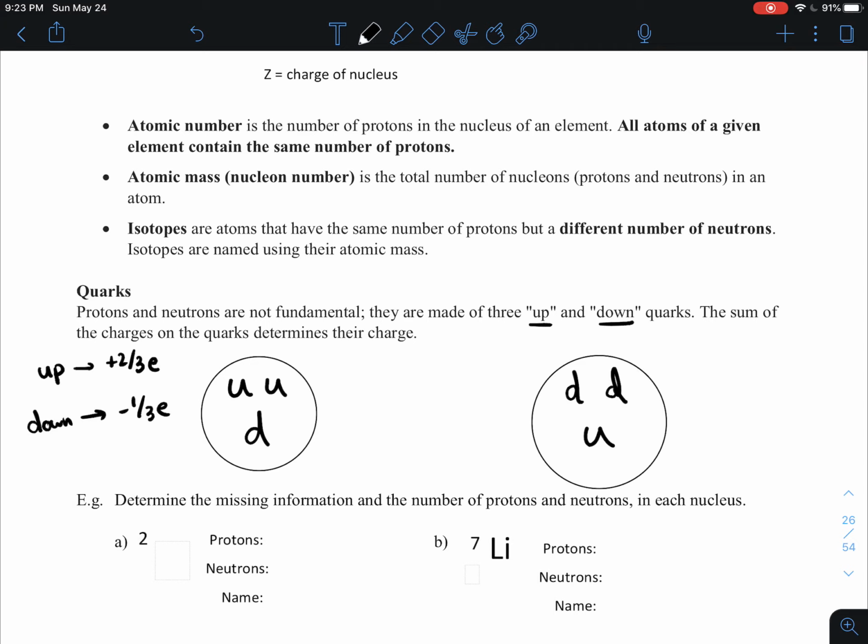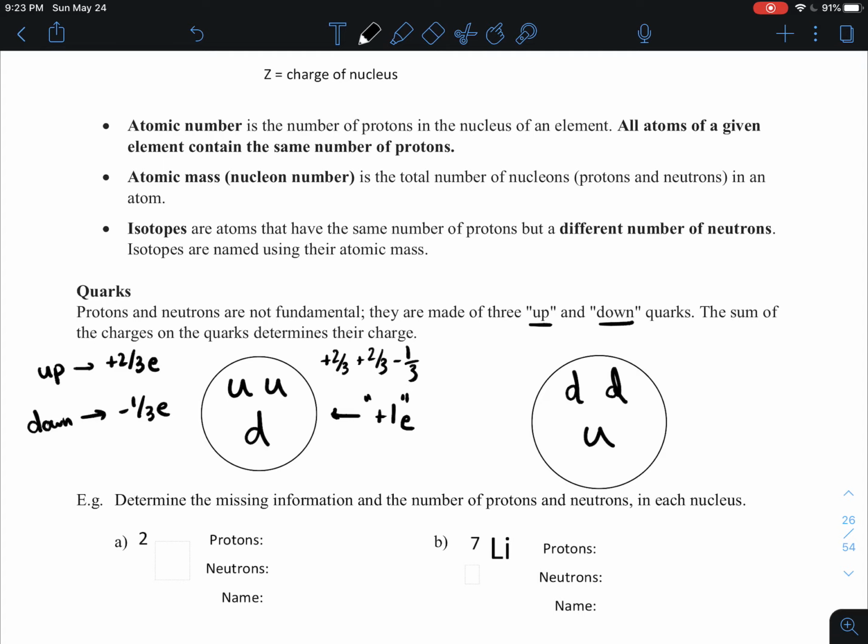So if I have 2 ups and a down, that would have a charge of positive 2/3, positive 2/3, and then negative 1/3. If you add that up, that's 4/3 minus 1/3, that's 1. So this has a charge of positive 1, and not just positive 1, but like I mentioned, a positive 1E.